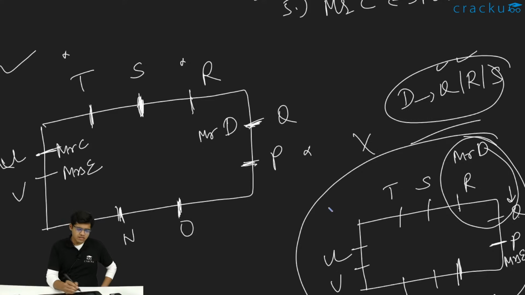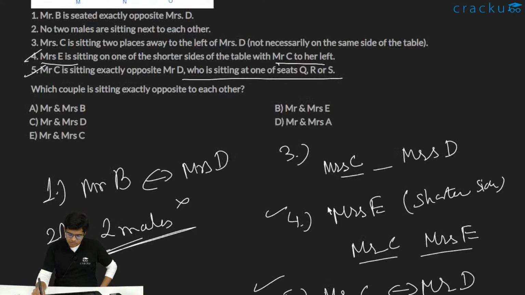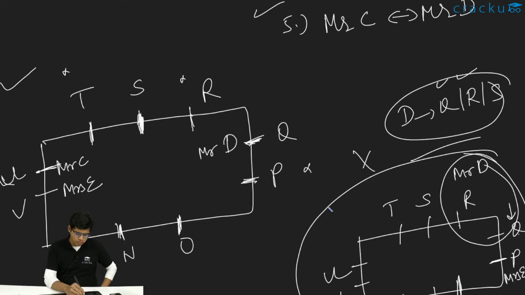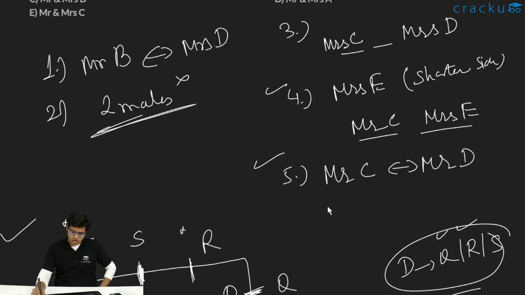If S is Miss D, then it is given C is sitting 2 places to the left of Miss D, right? Means if this is Miss D, 2 places to the left, which means 1, 2. But here Mr. D is sitting. But in this condition, it is told that Miss C is sitting.